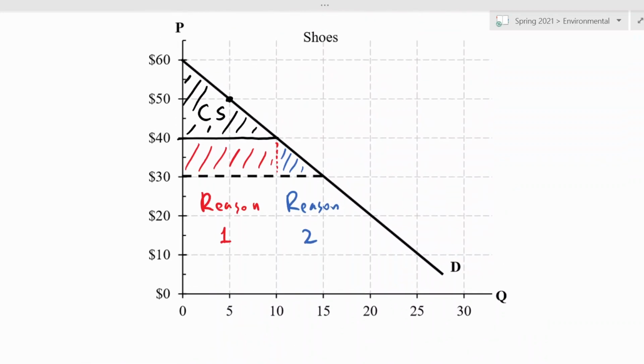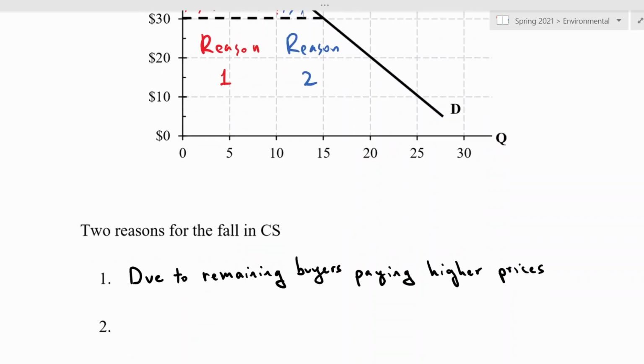Reason number 2, so we had somebody here, let's say here, that was willing to pay $35, and that person was receiving some surplus. They were receiving $5 of surplus. But now that the price has increased to $40, they are no longer willing to buy anymore, so they are out of the market. These people all along here who were receiving consumer surplus are no longer receiving consumer surplus because they're not even in the market anymore.